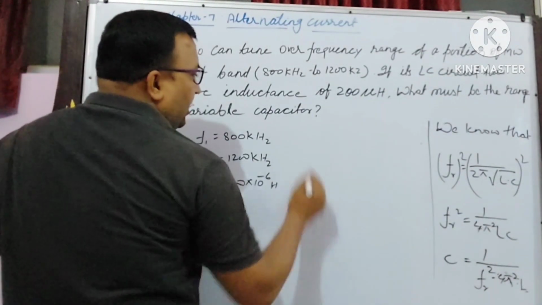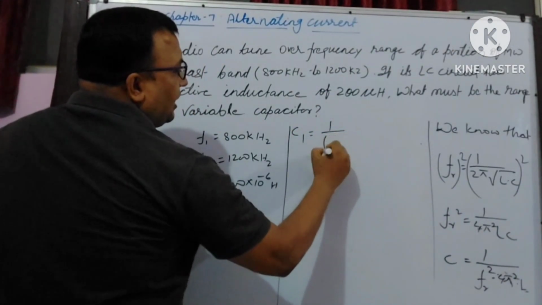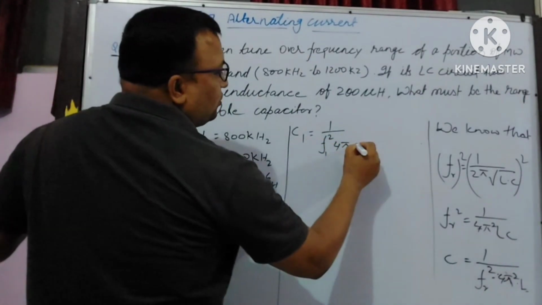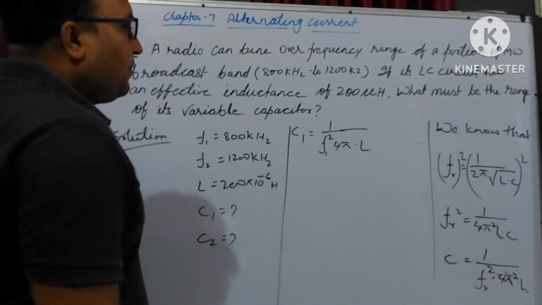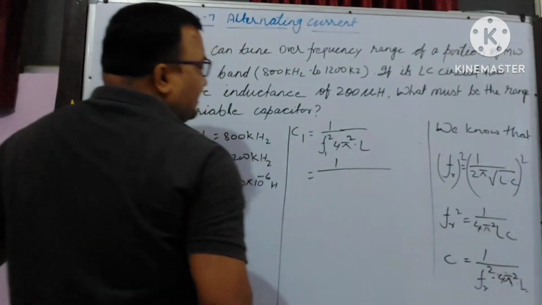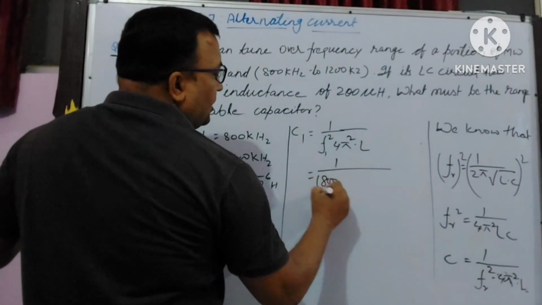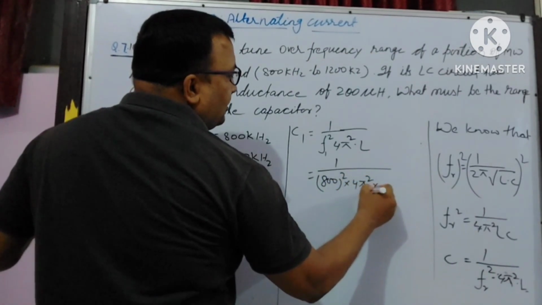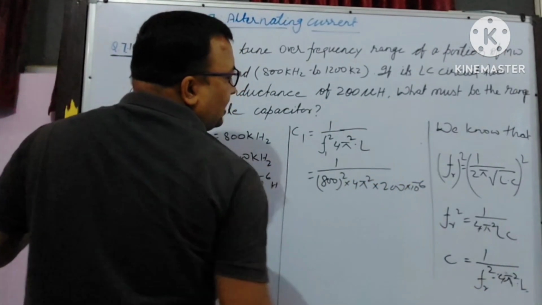We will use this formula: C1 equals 1 by F1 whole square into 4 pi square into L, only L, because the inductance has a single value. Put down the value: F1 is 800 kilohertz whole square into 4 pi square into L, which is 200 into 10 to the power minus 6.